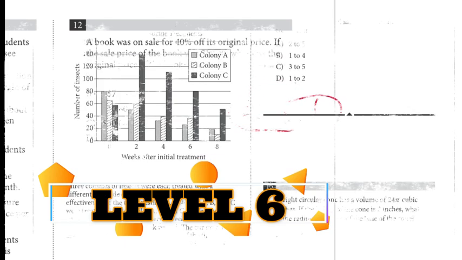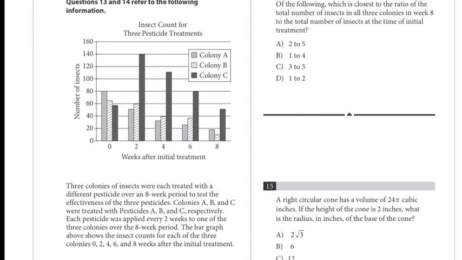Let's go to number 13. So for number 13 and 14, we have a chart here. Looks like a bar graph with weeks after initial treatment, and number of insects is the y-axis here. It says 3 colonies of insects were each treated with a different pesticide over an 8-week period to test the effectiveness of the 3 pesticides.